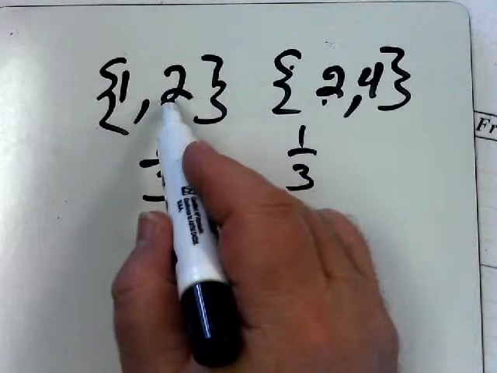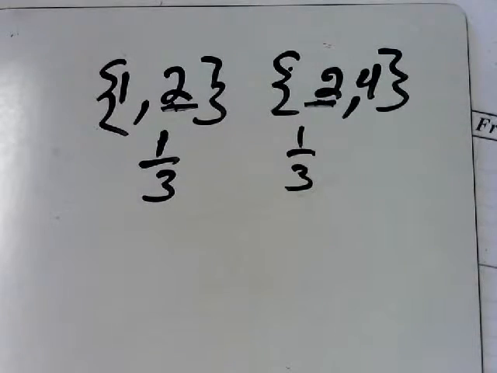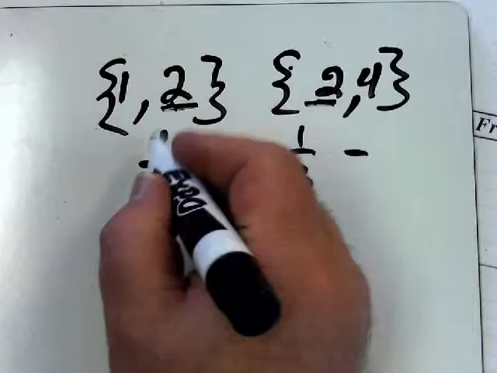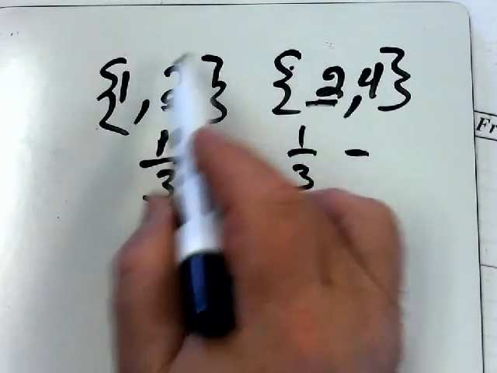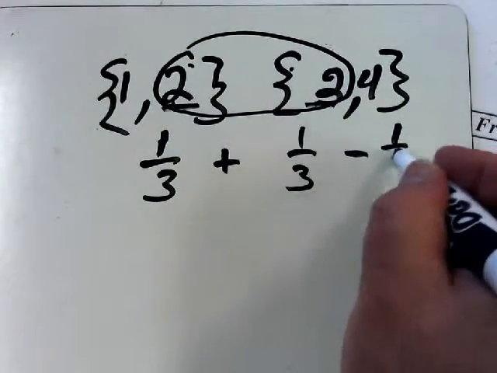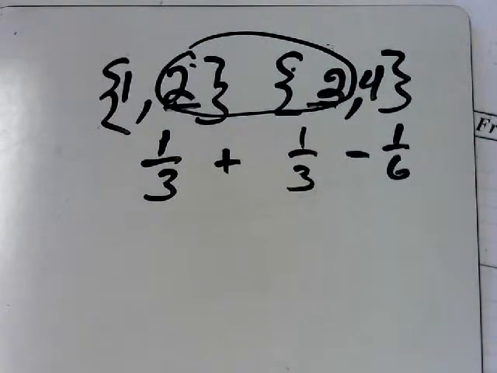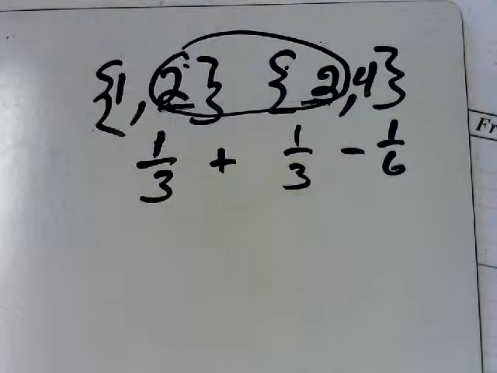But because they are sharing something, I have to subtract from this the probability of the shared, which would be 1/6, because the 2's share. There's one of them. How do you get 6?